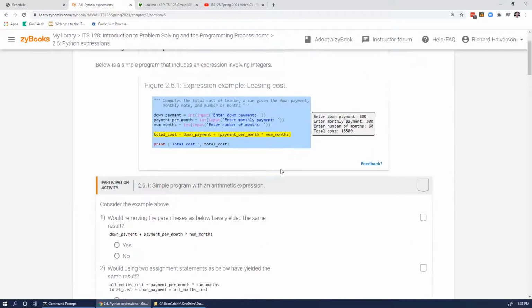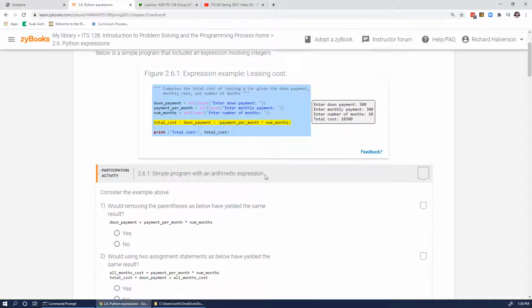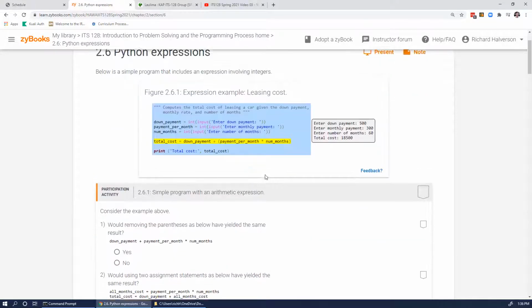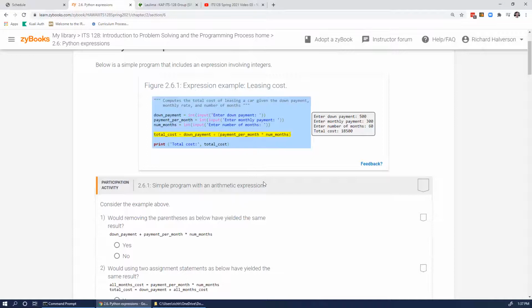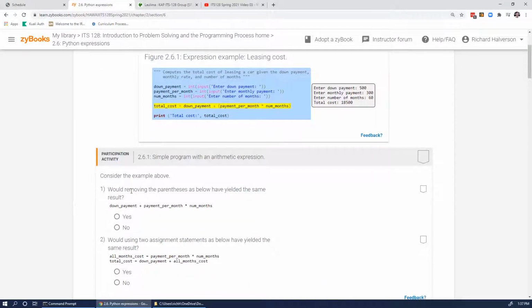This is asking if you understand operator precedence. Would removing the parentheses yield the same result? Yes, it would, because it's going to do the multiplication before the addition anyway, because of operator precedence.